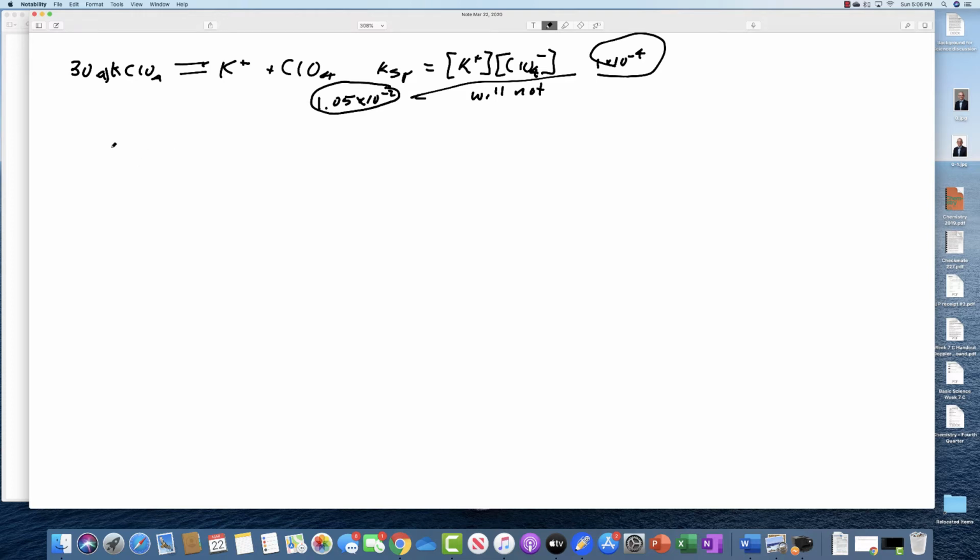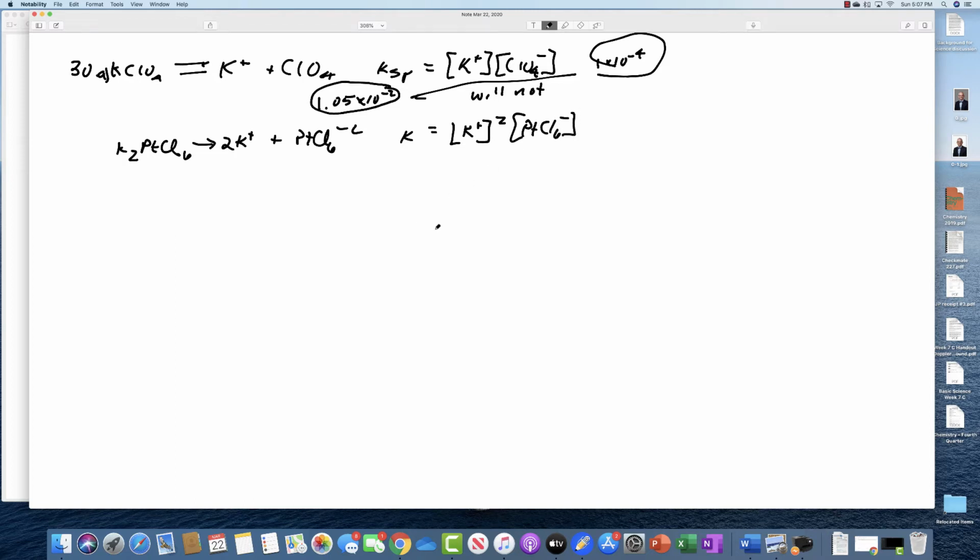We have this potassium platinum chloride, which goes to form 2 potassiums plus the platinum chloride. So the KSP here is equal to the potassium concentration squared times the platinum chloride concentration.